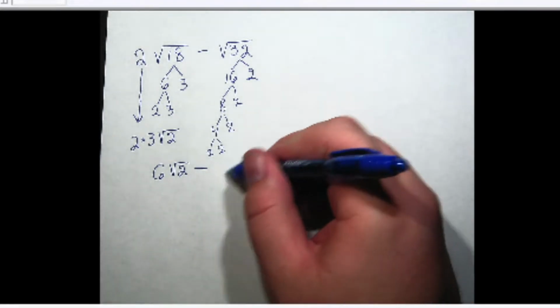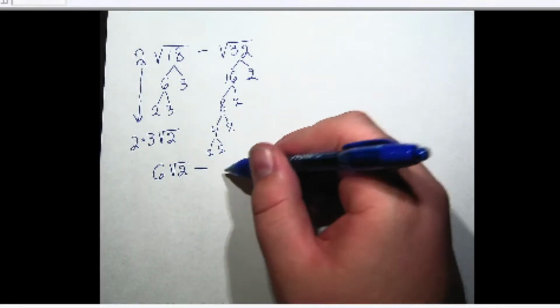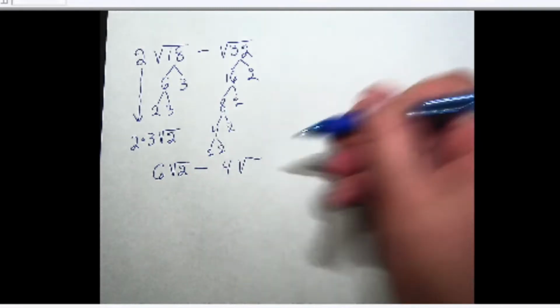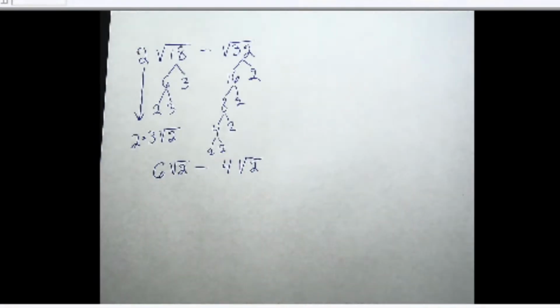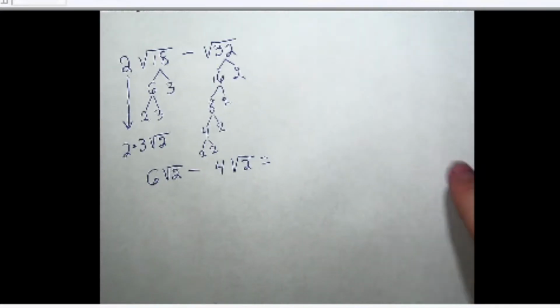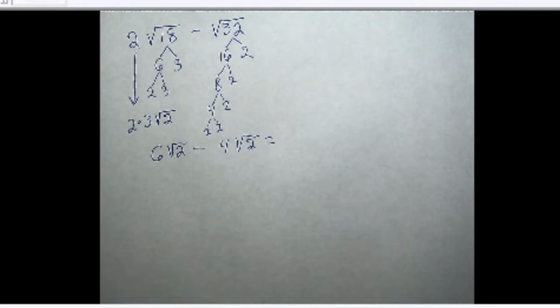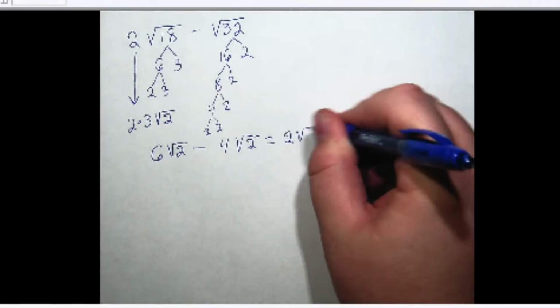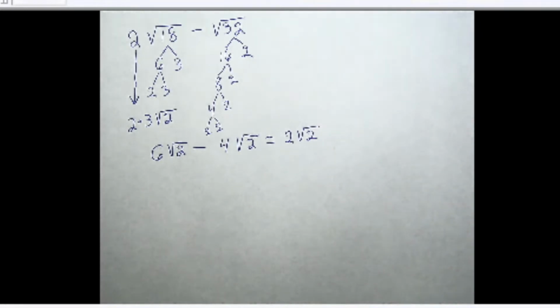Which means what's going to be on the outside? Go ahead and multiply. 4. Yeah. So we got 4 square root of what? 2. Alright, so we got 6 square roots of 2 minus 4 square roots of 2. How many square roots of 2 do we have? 2. Perfect.